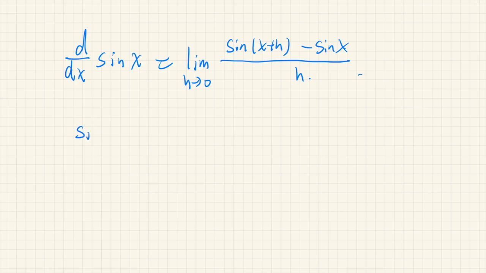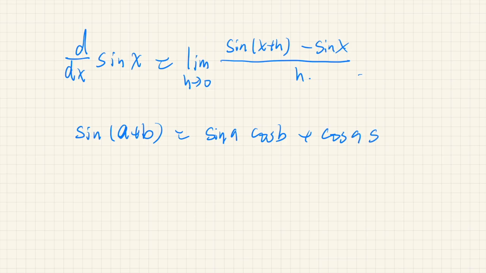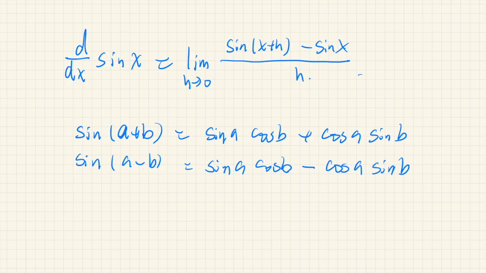Let's recall them. Sine of A plus B is sine A cosine B plus cosine A sine B, and sine of A minus B is sine A cosine B minus cosine A sine B.